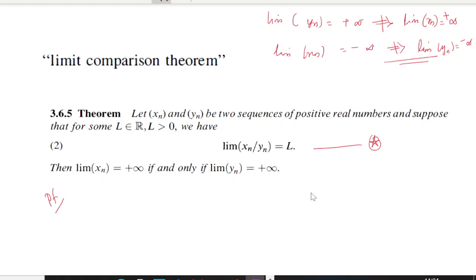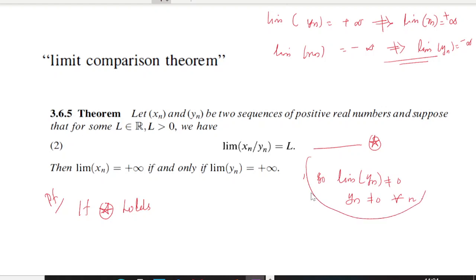If star holds, before that it should be noted that limit of yn cannot be equal to 0, and moreover yn is not equal to 0 for every n. These two should be understood here. Then only we can define xn by yn and the limit of xn by yn.